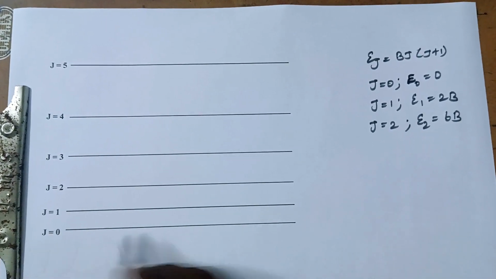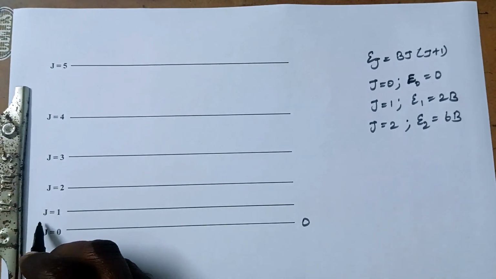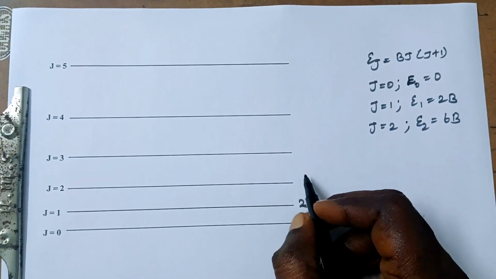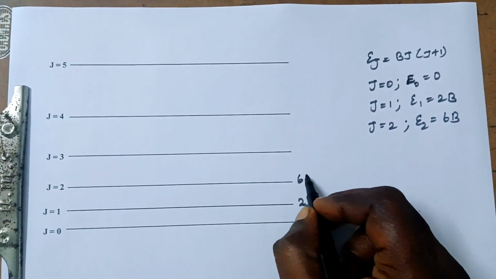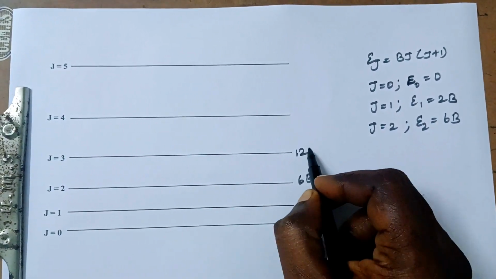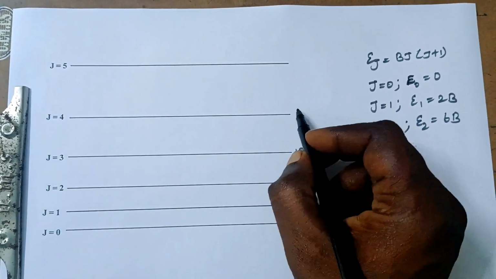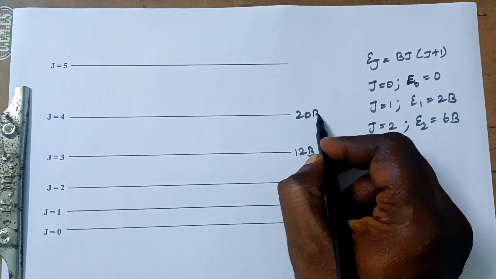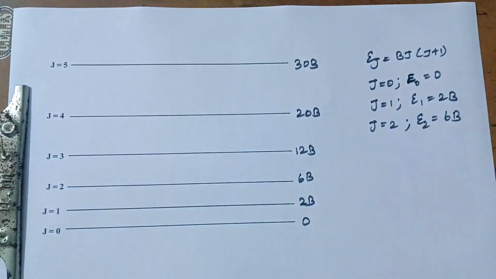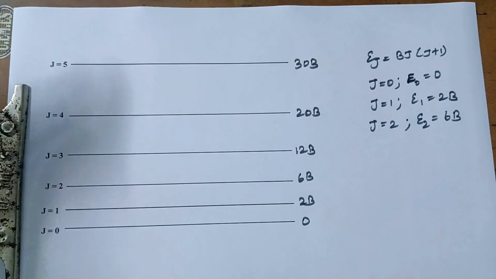So write everything. J is equal to 0, zero energy. J is equal to 1, 2B. J is equal to 2, 6B. J is equal to 3, you will get 12B. J is equal to 4, 20B. J is equal to 5, 30B. These are the energy values from J equal to 0 to 5.